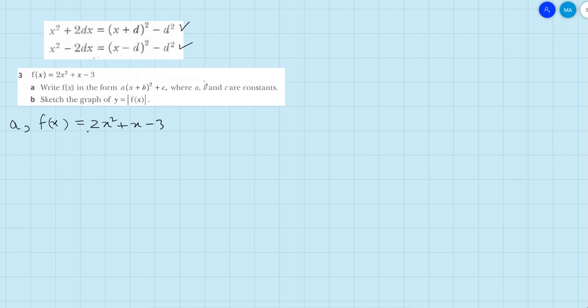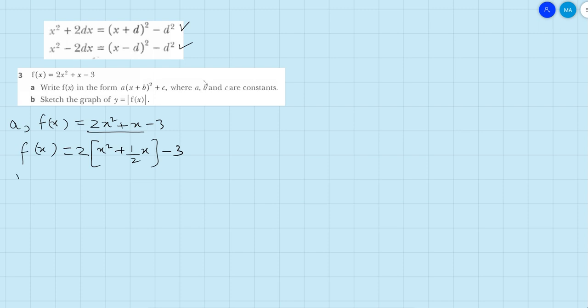So first we have to take 2 common from these two terms. So if I take 2 common from these two terms, this is x square, and because there is no 2 with x, we have to divide by 2 in order to keep balancing the originality of the question. Now apply formula number 1.